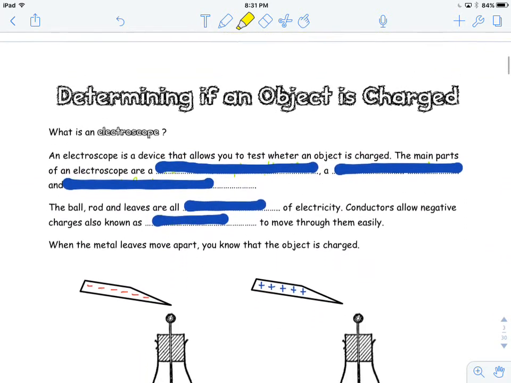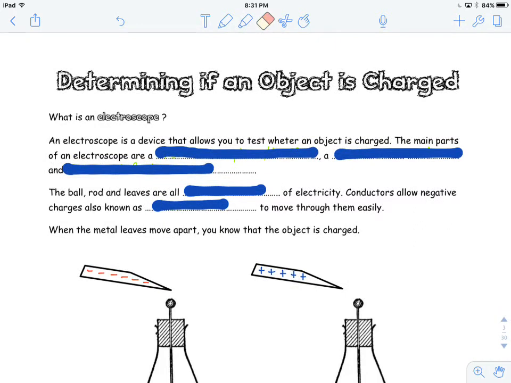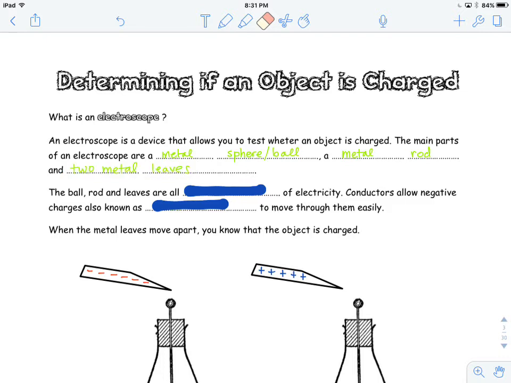If we flip the page, we're going to talk for a couple minutes about how we determine if an object is charged. An electroscope is a device that allows us to test whether an object is charged or not. The main parts of an electroscope are a metal sphere or ball, a metal rod or shaft, and two metal leaves.